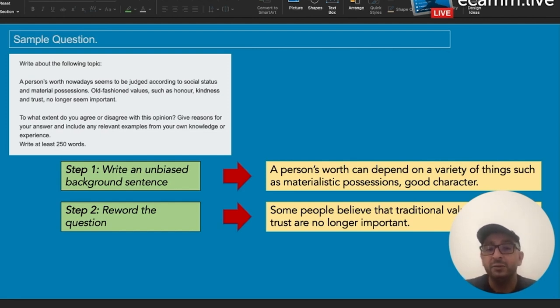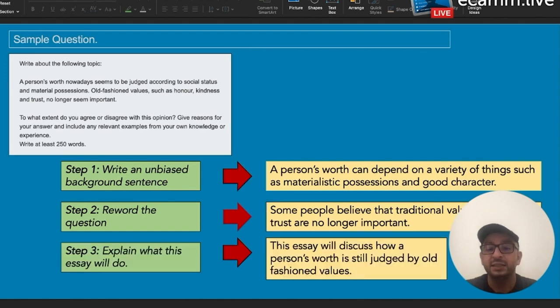And then the final step and the final sentence of this introduction is, this essay will discuss how a person's worth is still judged by old-fashioned values. So here I've clearly mentioned exactly what this essay will aim to do. Also, if you read carefully, it says this essay will discuss how a person's worth is still judged by old-fashioned values.